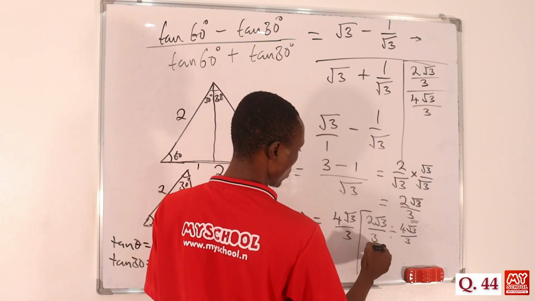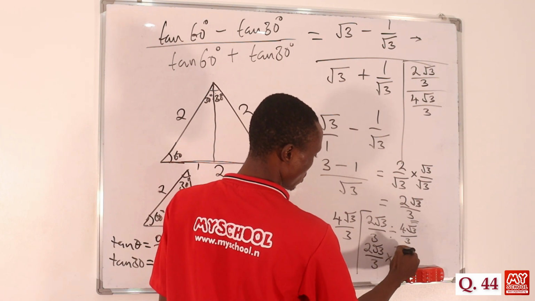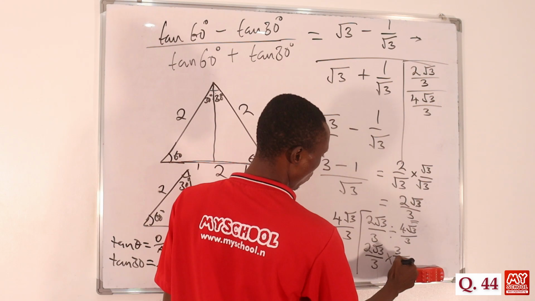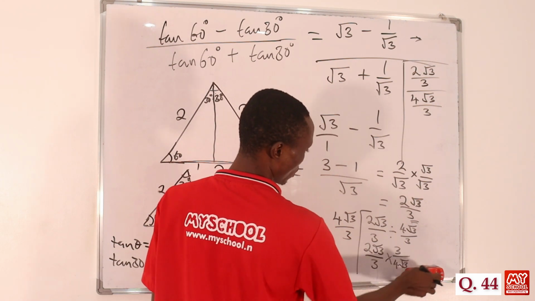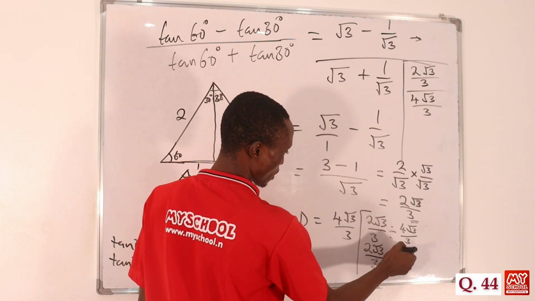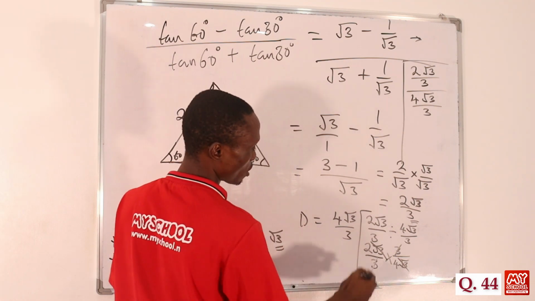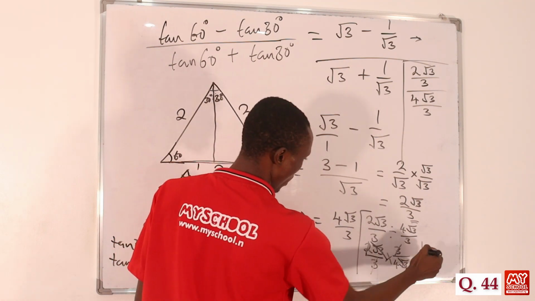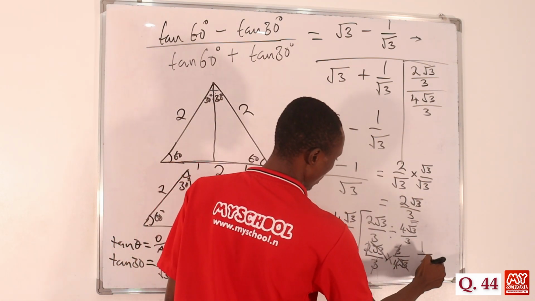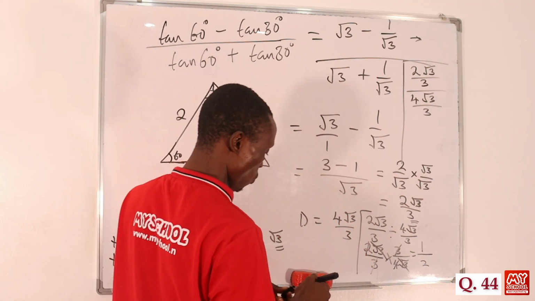So we keep the first fraction, 2 root 3 all over 3, then times 3 all over 4 root 3. In this case, of course, 3 can take out 3, and root 3 as well can take out root 3. So 2 here is 1 and 2 here is 2. So at the end of the day, we have our answer equal to 1 over 2.